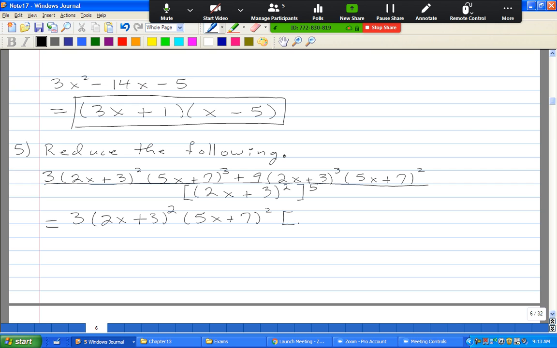What remains? Well, the 3's cancel. The 2x plus 3 squares cancel. The 5x plus 7 squares cancel out, so all I have remaining is a 5x plus 7. 9 divided by 3 is 3. 2 of the 2x plus 3's cancel, so I just get 2x plus 3, and both of the 5x plus 7's cancel.